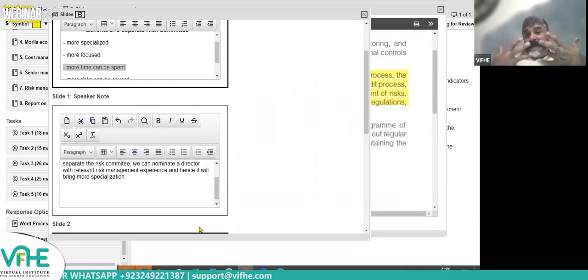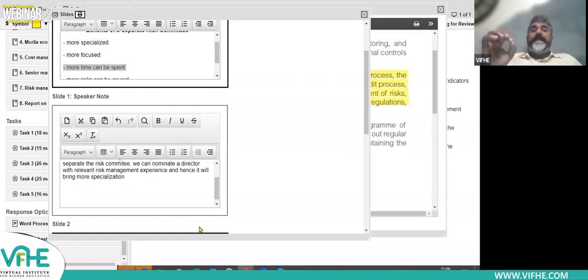This point is about time management. So first you start with a negative point by saying that since they are doing so many activities, they might not be able to give sufficient time to risk management functions. And then you will say, by separating the risk committee, the committee will be able to devote more time for risk management activities. They can meet separately and more frequently.